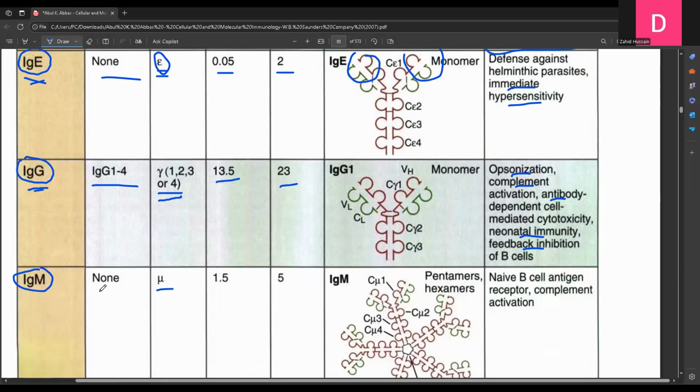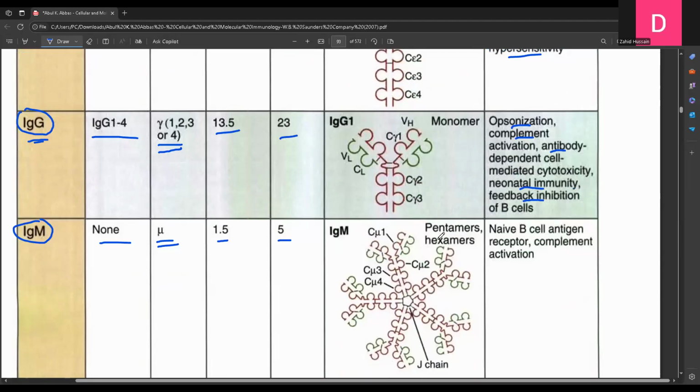IgM has no subtypes, and the heavy chain is mu. The amount is 1.5 milligrams per ml in the serum, and the half-life is 5 days. When it is present on the B cell, it is in the monomeric form. But when it is secreted, it will be in the pentameric form.